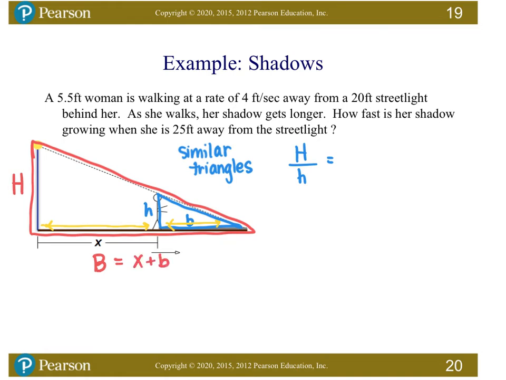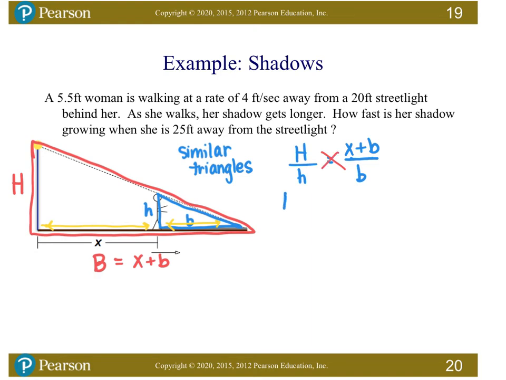So when we set up our proportion, you could use capital B as the base and little b, but it would really be better to use the x plus the little b. Okay, and so that's our geometry setup. We'll want to cross multiply this geometry here.